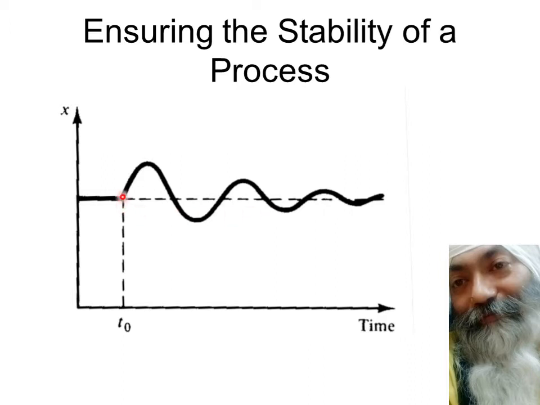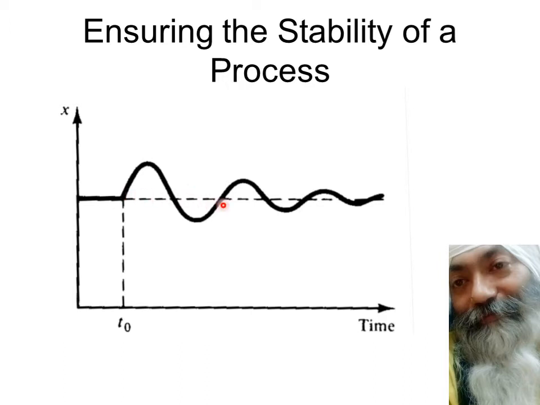It gets some perturbation, some disturbance, something happens that it deviates from its set point on one side, and then it may oscillate for some time, but ultimately it settles down to nearly the same point from where it started.